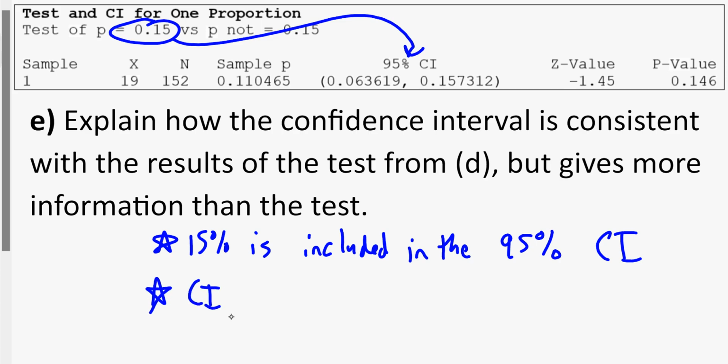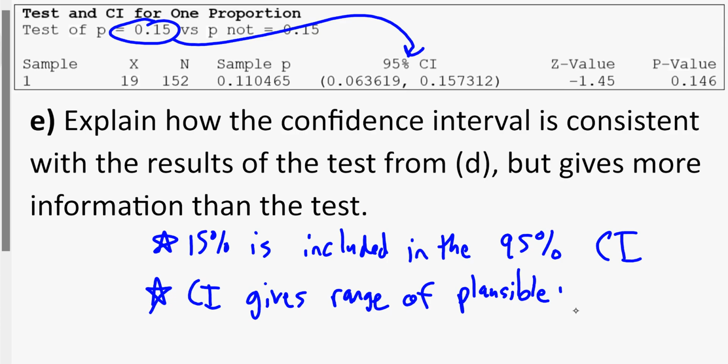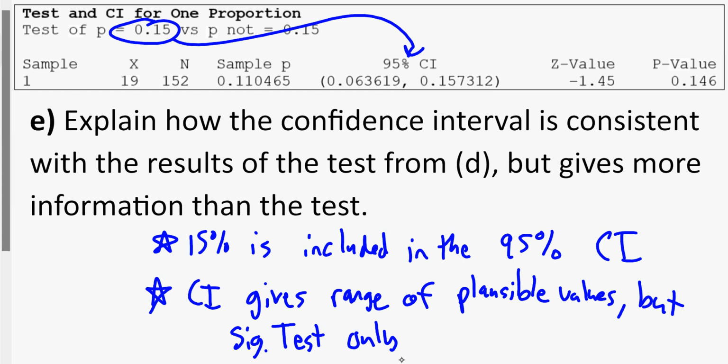So the confidence interval gives a range of plausible values, but a significance test only concludes about our claim, H naught. So there is a benefit to both, but you get a little bit more from that confidence interval.